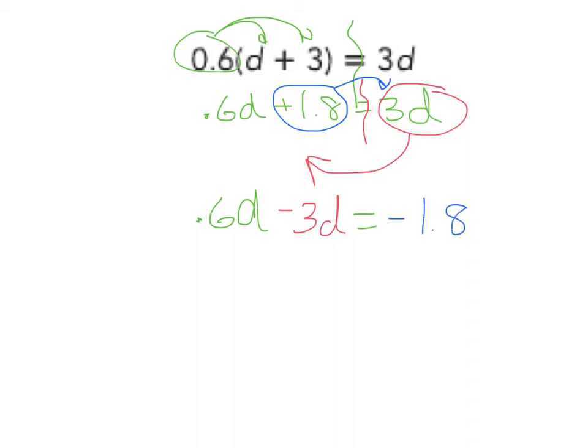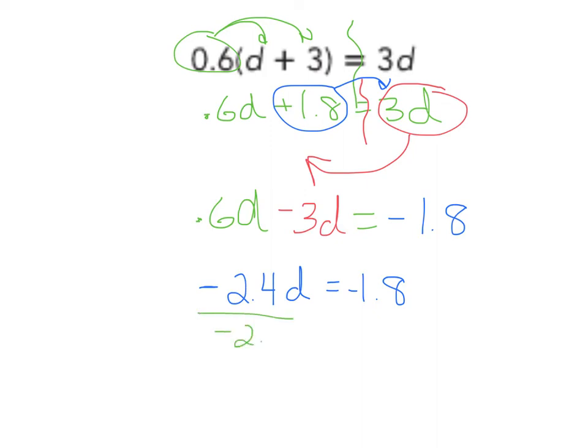So now we're going to do 0.6 minus 3. So that will be negative 2.4d equals negative 1.8, I'm sorry.